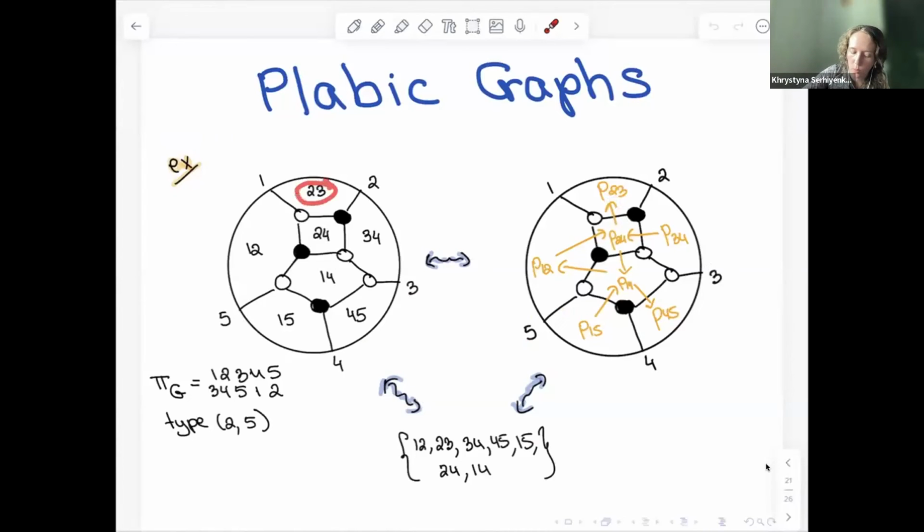So this phase, for example, is labeled 2, 3, which means the associated cluster variable is the Plücker coordinate on the indices 2 and 3. And we see the quiver in orange here, how they are related. So all of these elements of my cluster are related together by the quiver we see, and the ones on the boundary are the frozen ones, and on the inside are the mutable variables.